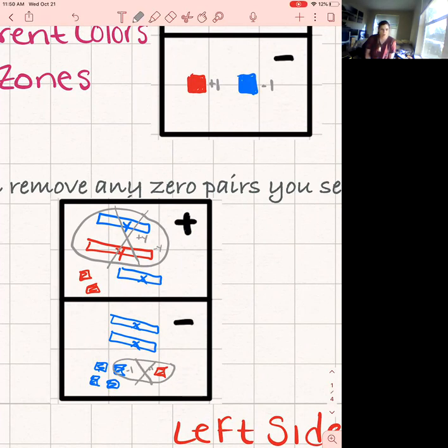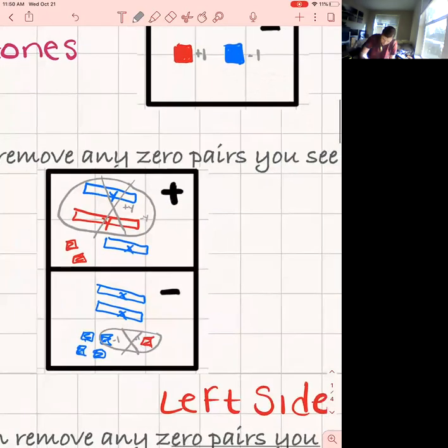I see one more. Do you guys see the one that I'm missing? The one that I'm missing, I've got a same color, different region here. So I'm going to circle these. This is technically plus x. This is minus x. So those x tiles are gone.